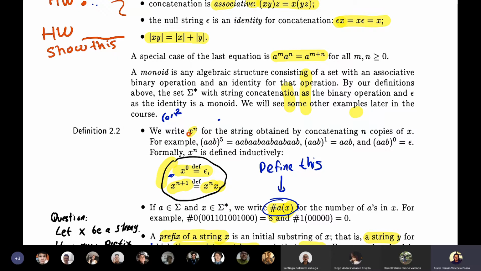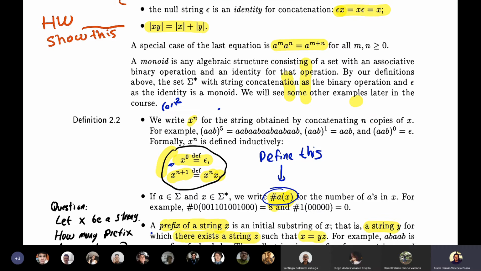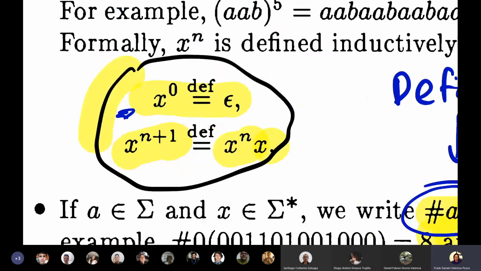So X to the n is the string X concatenated with itself n times. So AAB to the 5 is AAB 5 times. Okay? Following these inductive definitions, X to the 0 is epsilon, and X to the n plus 1 is X to the n followed by X, similar to what we did before for symbols.